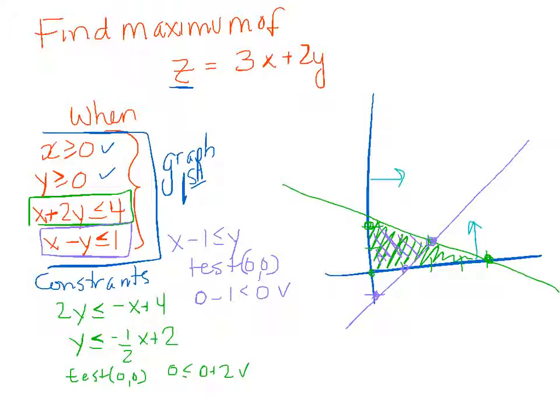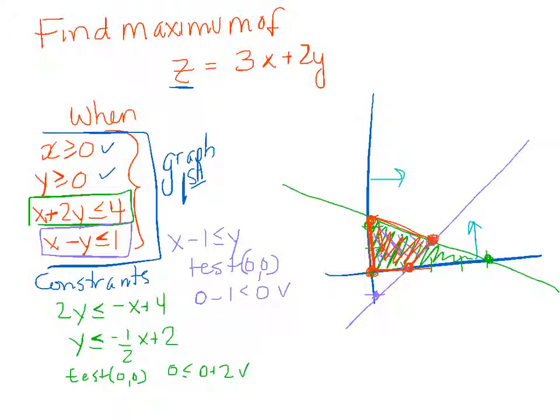Okay? So if I got out my red again and marked my vertices, and this, oops, stop right there, go up here, stop right there, and continue there. Okay? So this red zone right here is my feasible region. Now I need to figure out exactly what those vertices are.